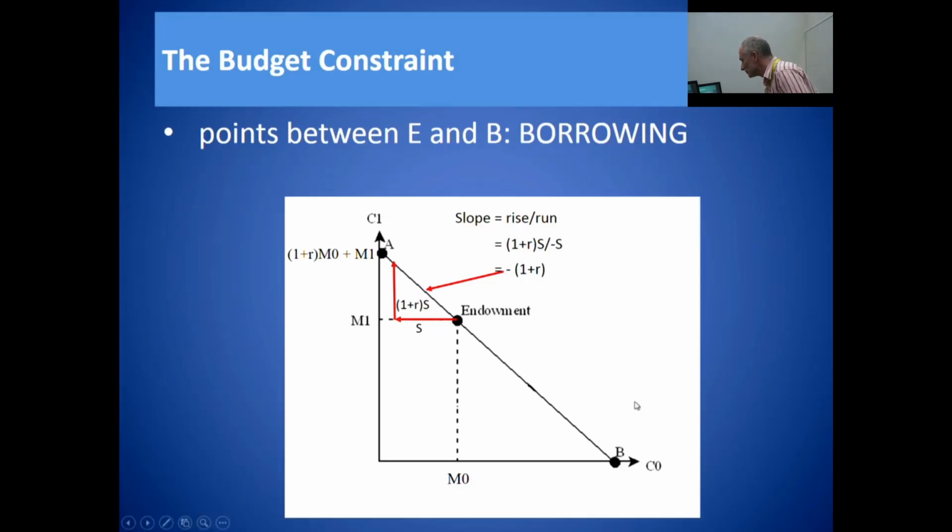That is, that their current consumption is greater than their current income. And how can they consume more than the income coming in? By borrowing money. And they borrow that money on the back of their future income.